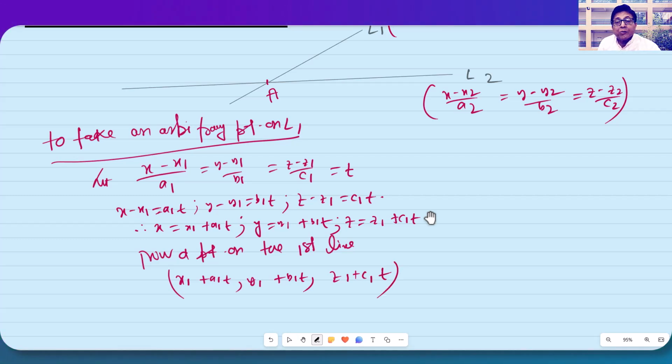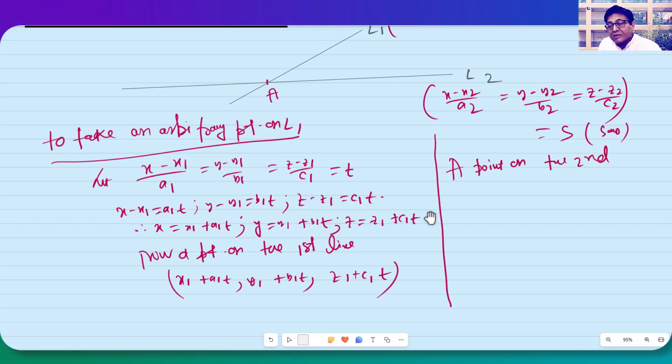Similarly, we have to take a point on the second line. So if we compare, you just write this is equal to s. So a point on the second line can be taken in the same manner: x2 plus a2s, y2 plus b2s, and z2 plus c2s.